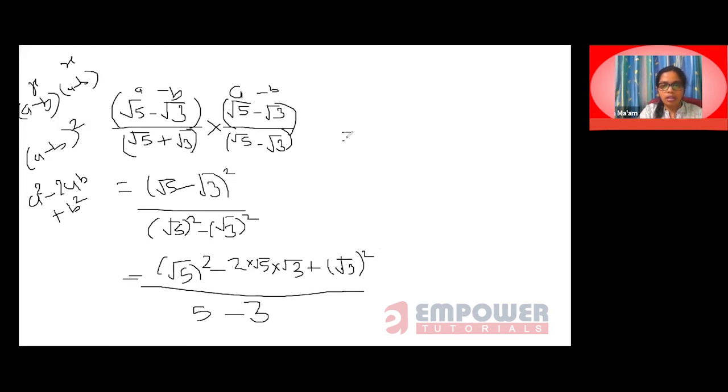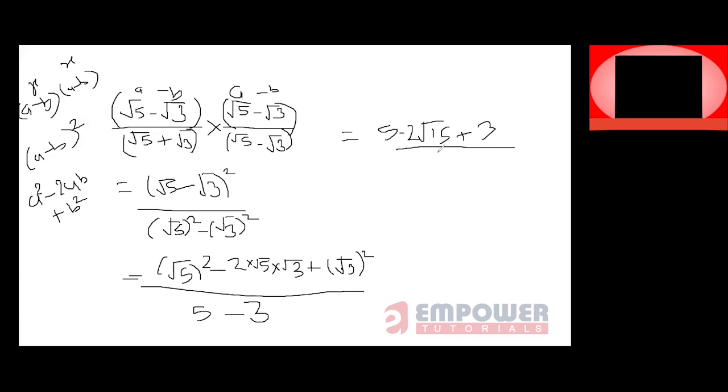Now the square of root 5 will be 5. Since these are two irrational numbers, I can multiply root 5 and root 3, so this will be equal to 2 root 15, plus square of root 3 will be 3, upon 5 minus 3 will be 2.